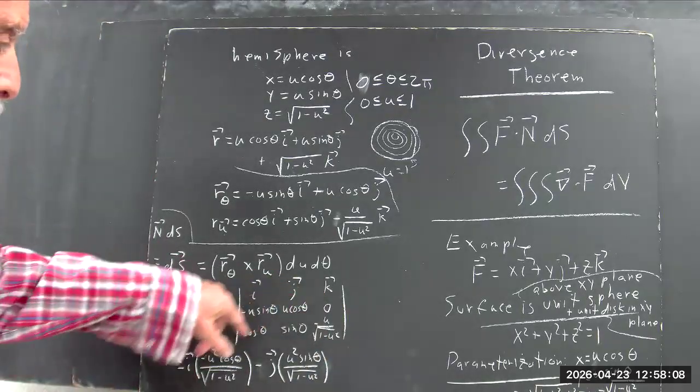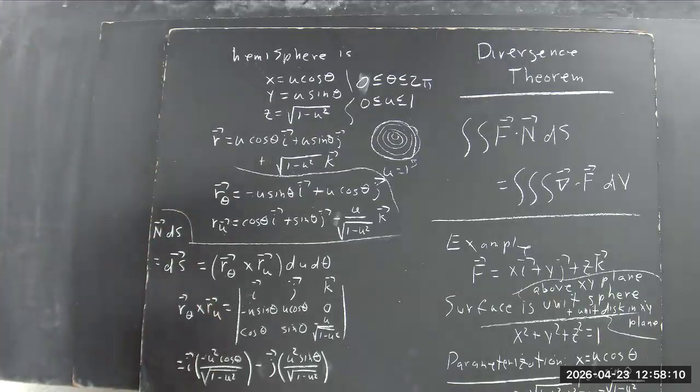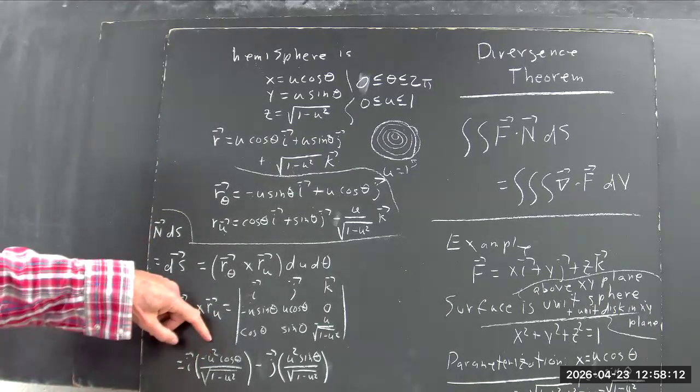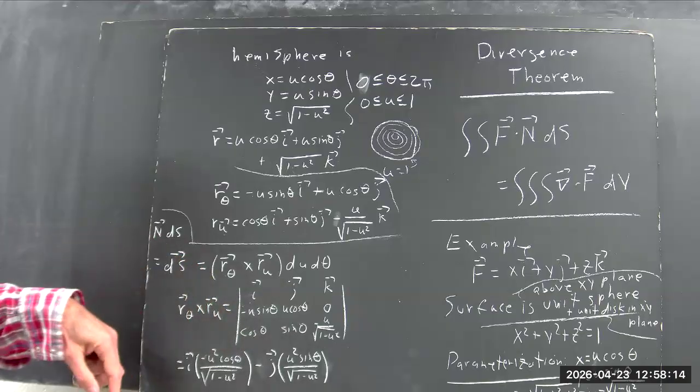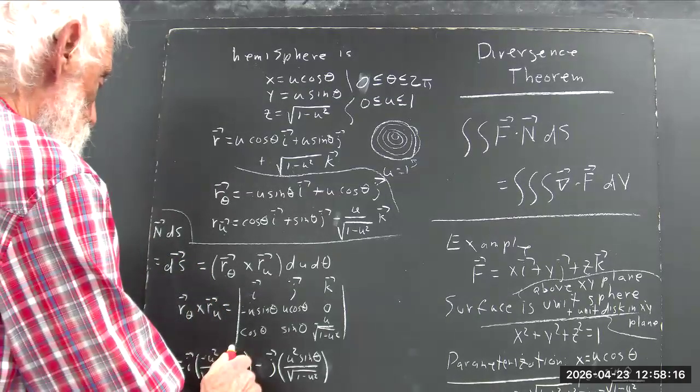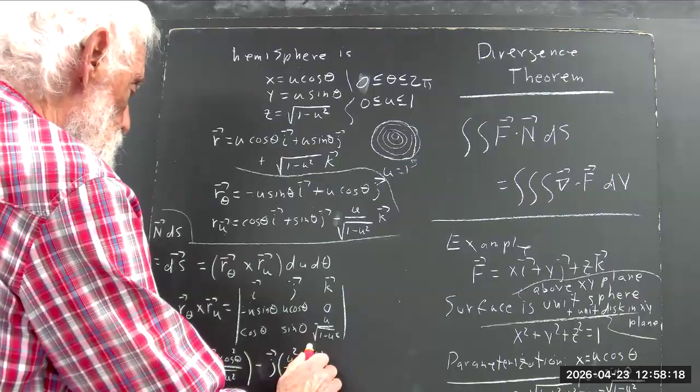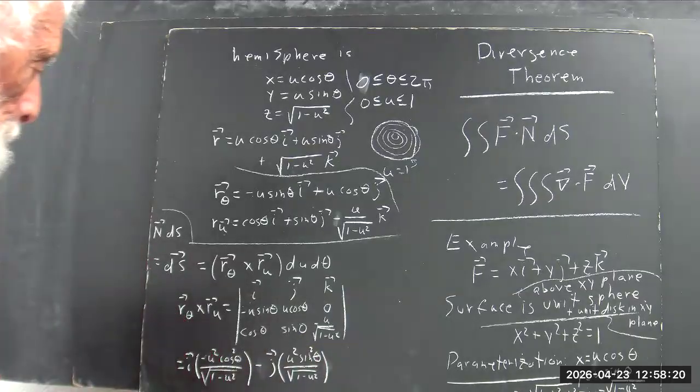Okay, 0 times the cosine. Now, if you look at these, you see you've got the same thing on both of these. My cosine theta should have been squared, and my sine theta should have been squared, sorry.